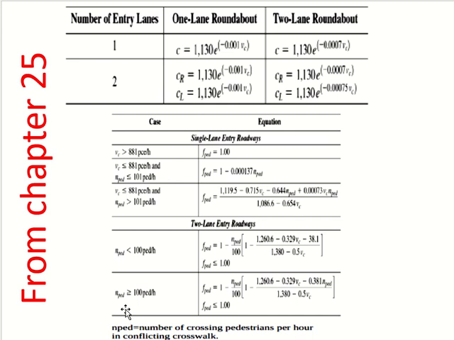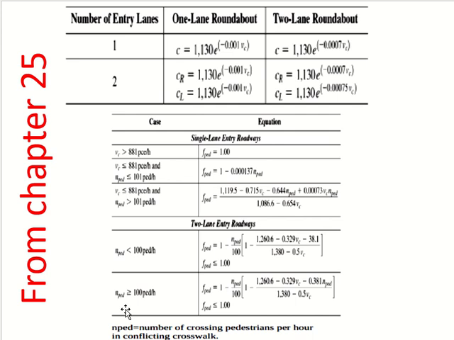In all these equations, we are using a parameter which is called VC. All of them have the same term, VC. VC is called the circulating or conflicting volume. Meaning what? Volume on the roundabout.